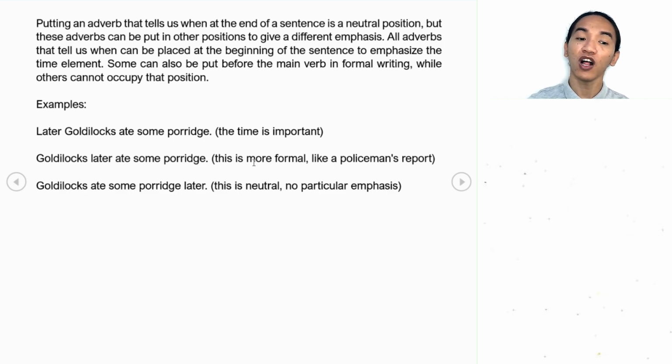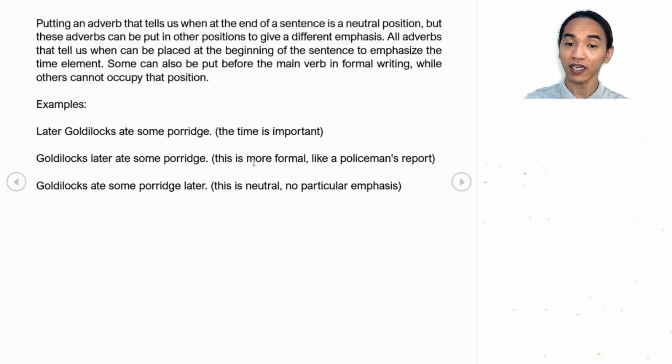All adverbs that tell us when can be placed at the beginning of the sentence to emphasize the time element. So if we want to emphasize the time, then you can put these adverbs of time at the beginning of the sentence.